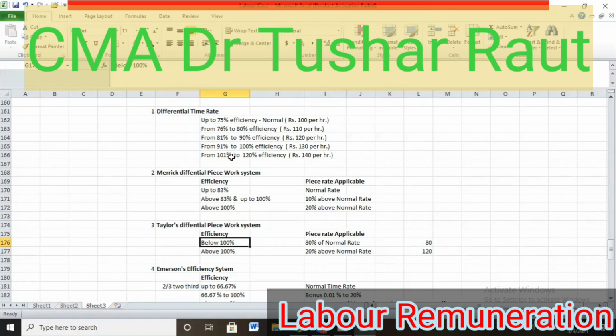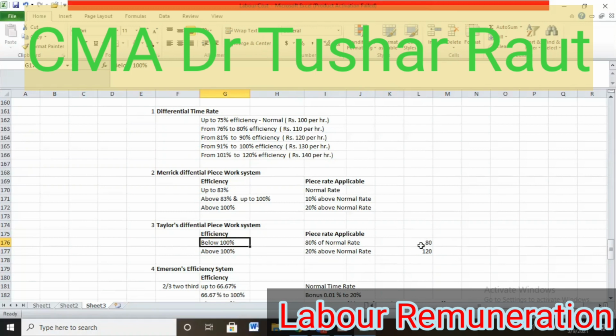No one reduced your normal rate until here, but Taylor is the one who reduces it to 80% of normal wages. You will not get the 20% because of not working up to the mark, not working up to 100%. If you work for 100%, you will get 20% above the normal rate.